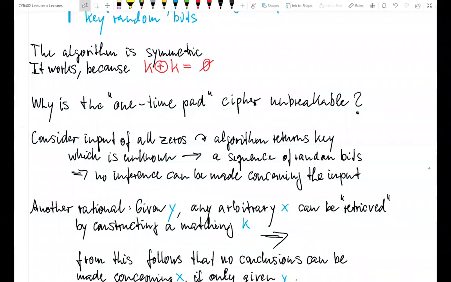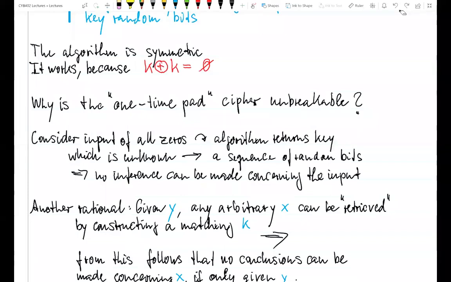why the one-time pad is actually absolutely unbreakable. So just consider that we have an input that is all zeros. Whether that would make sense is a different question, but let's just assume that the input is all zeros. What would you see on the receiving side?